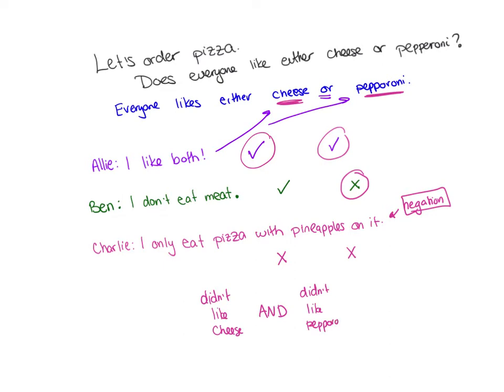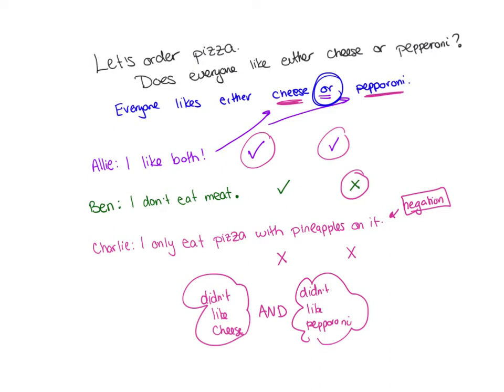Oops, I spelled that wrong. Let's fix that. What we can see here is that when I negate this or, that or became an and. In order to not like either, you can't like the first and you can't like the second.